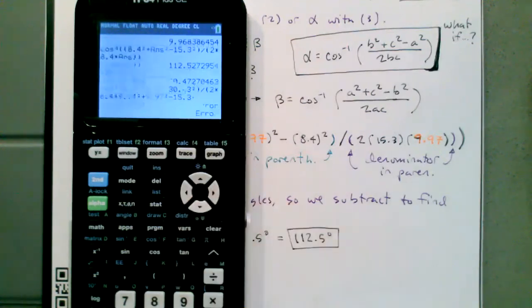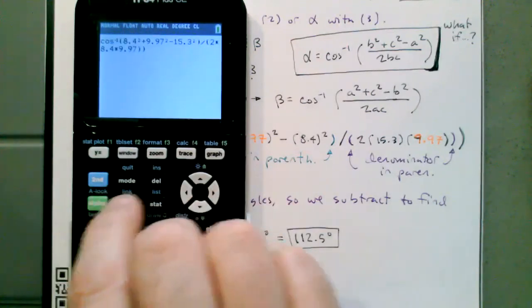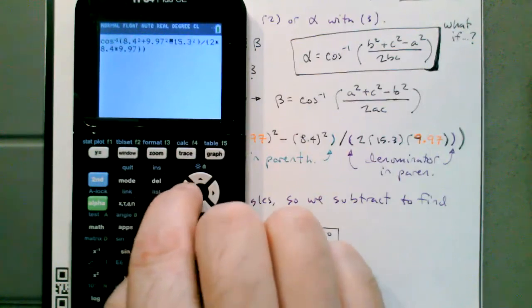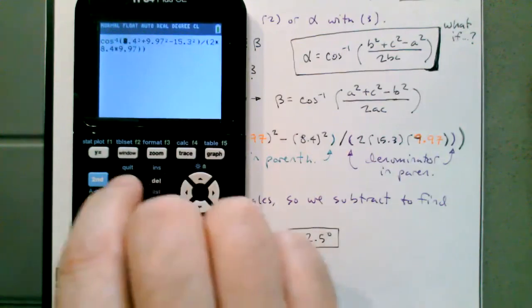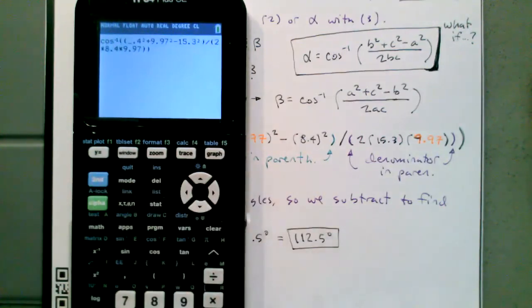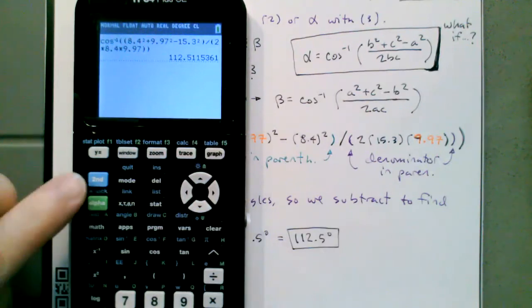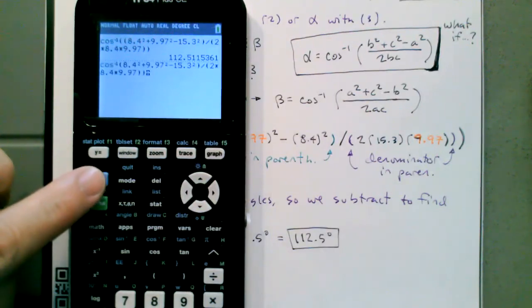Oops, I forgot to open up the numerator. And it would still be rounded off to 112.5. There's the 9.97.